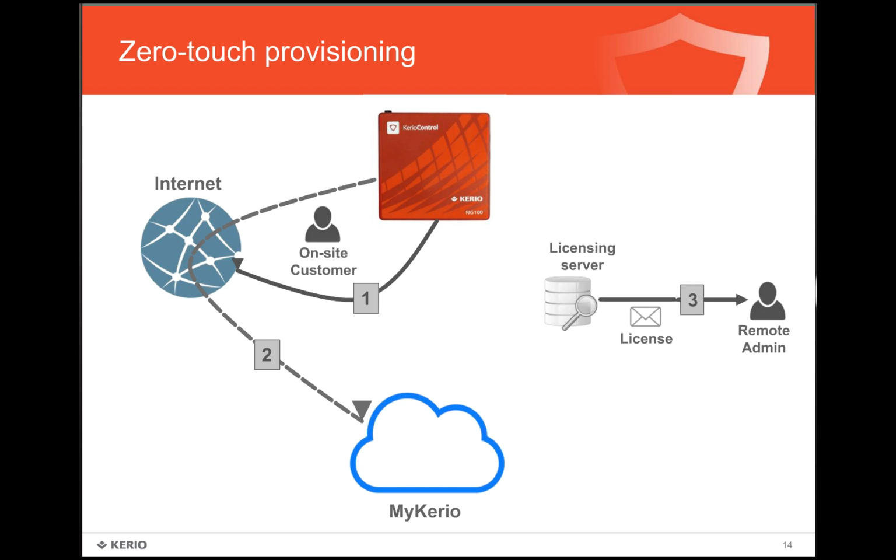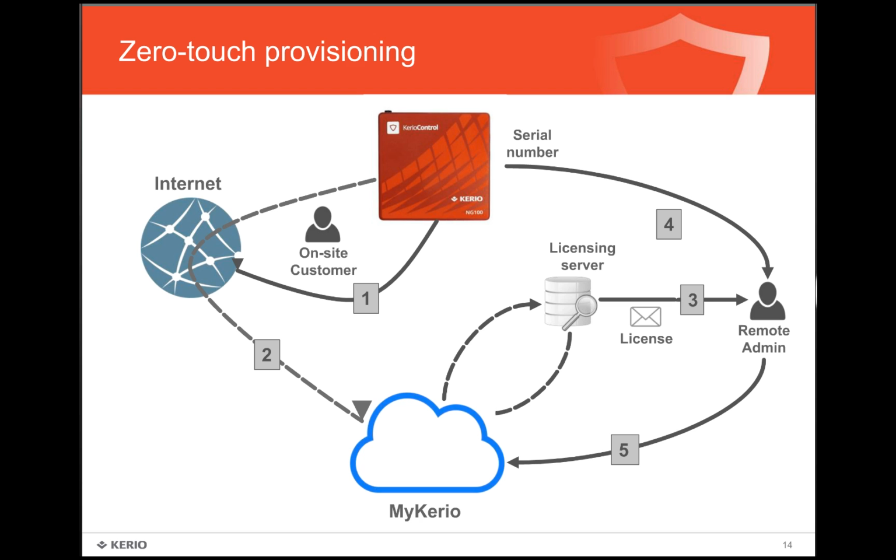Then you just need to fill in the license number into the form, which I will show you later on in the demonstration. You enter the serial number, and from that point the communication starts with MyKerio, and the Kerio Control appliance is added to your MyKerio.